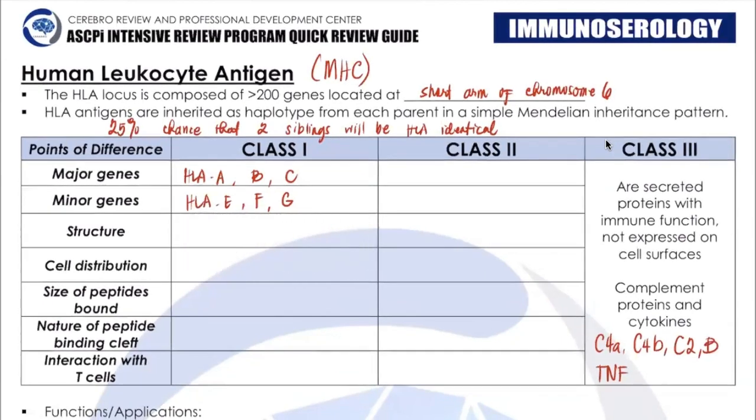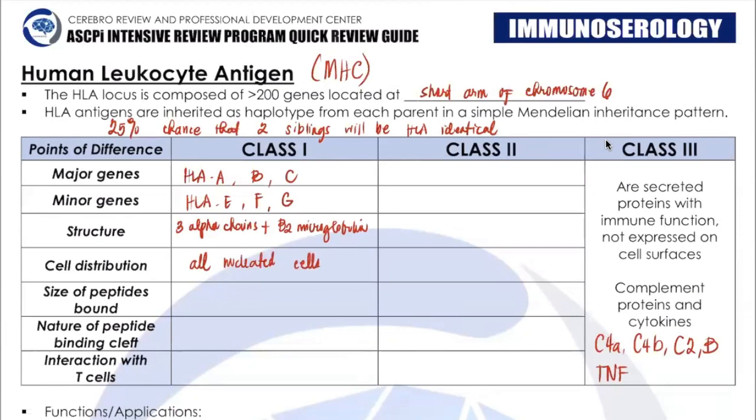For the cell distribution, alam naman natin that class 1 antigens are found in all nucleated cells.